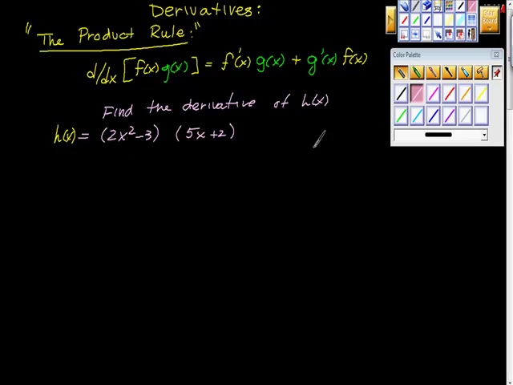If it was something this straightforward, you might just FOIL this. Let's do that really quickly. We'll get 10x cubed, plus 4x squared, minus 15x, minus 6.